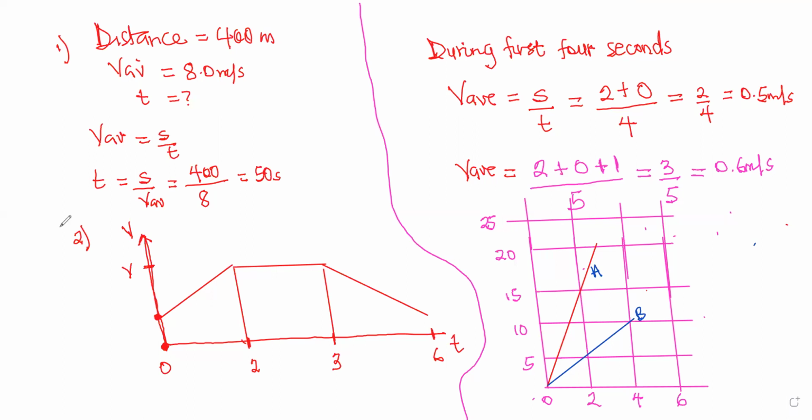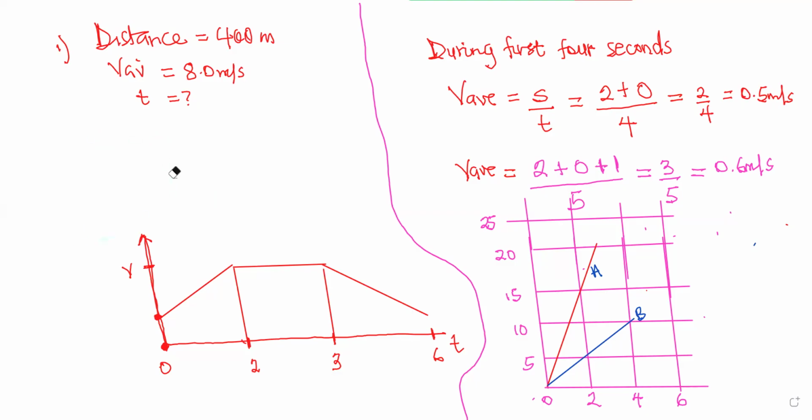Then the question asks that the graph shows the relationship between speed and time for two objects A and B. Compared with the acceleration of object B, the acceleration of object A is what? When you compare the acceleration of object B to that of object A, what will be that relationship?